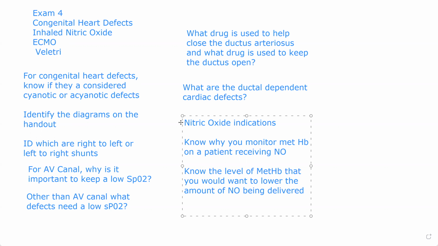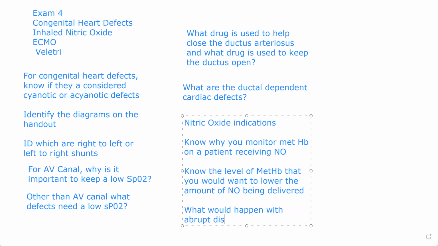And now for the next question, it asks what would happen if you turned off nitric oxide. Instead of weaning the nitric oxide, you just turn it off. What would happen to the baby? Okay, next question for nitric oxide.